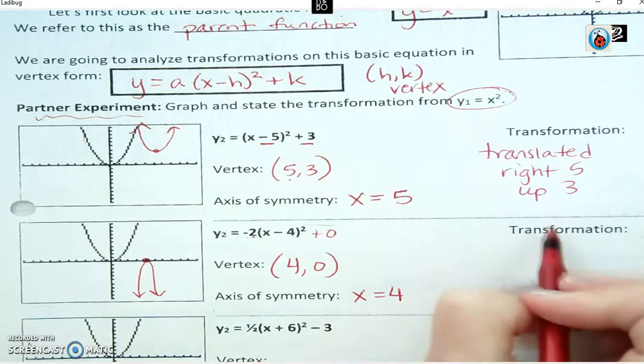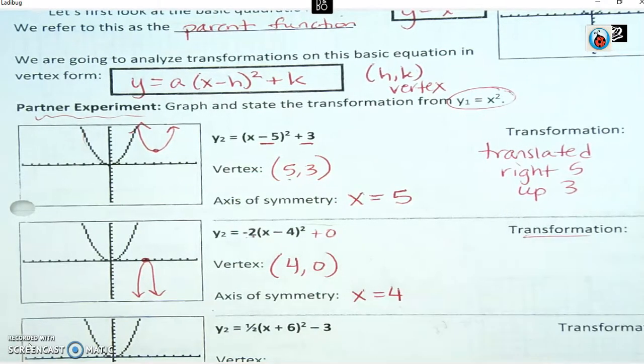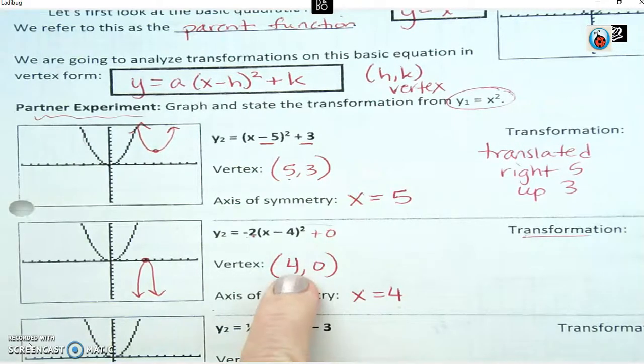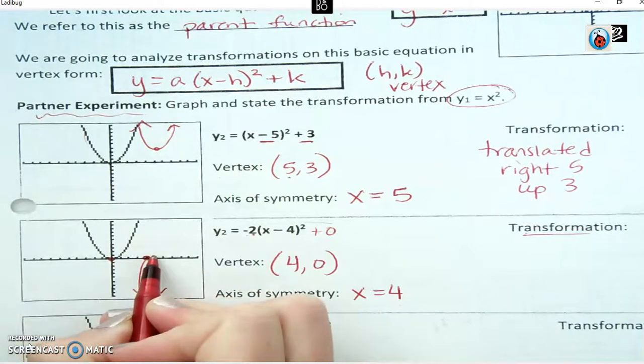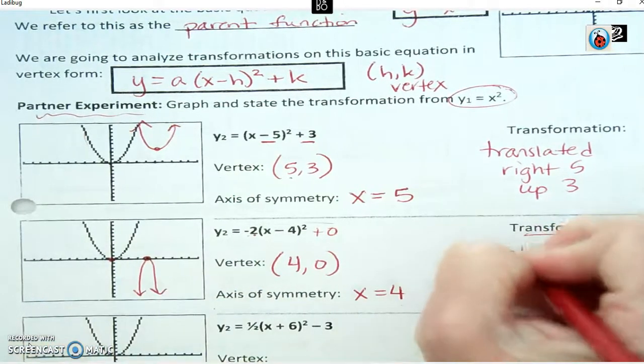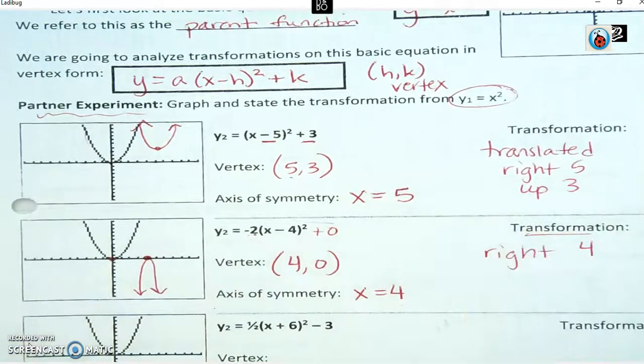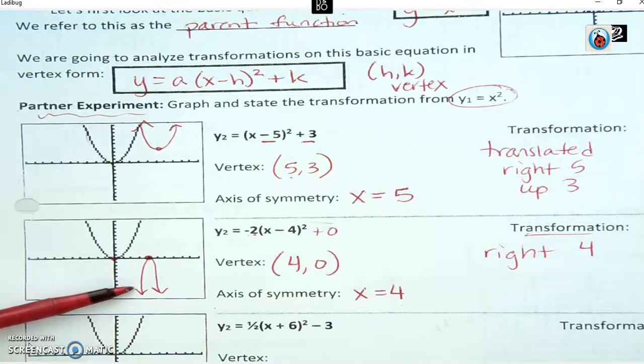So let's talk about what transformations have taken place. Let's first do the easy one. Instead of being at 0, 0, it went right 4. Instead of opening up, it opened down. So what kind of transformation is that?